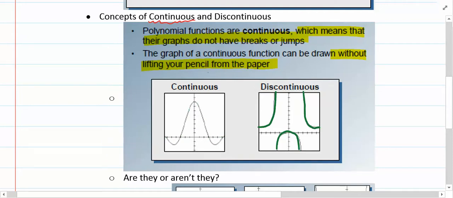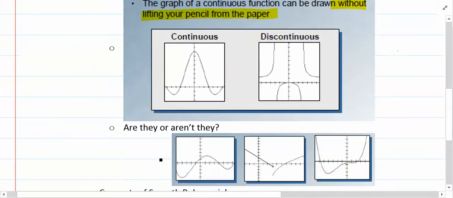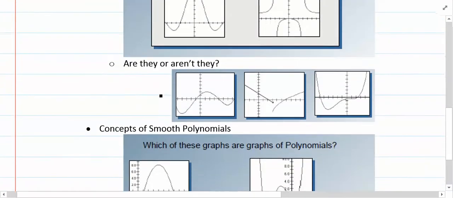There's no spot where I'd have to lift my pencil whatsoever. On these discontinuous graphs, however, even if you have to lift your pencil once, that would be a cause for a description called discontinuous.